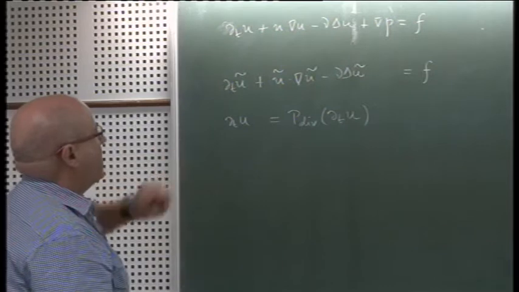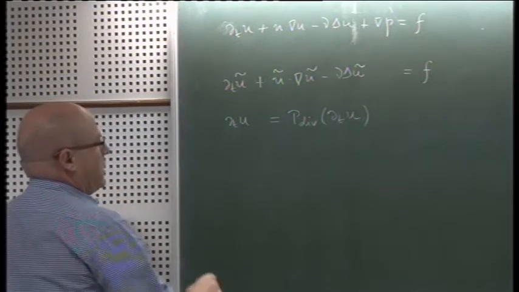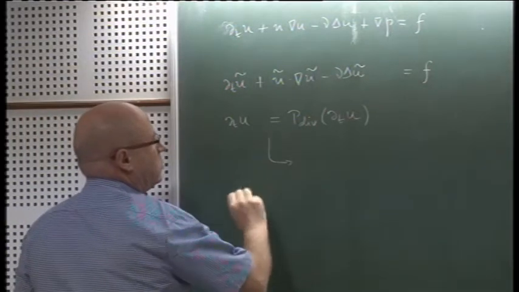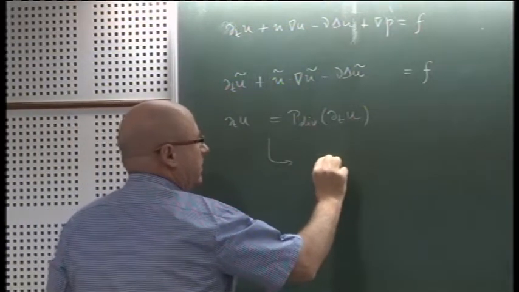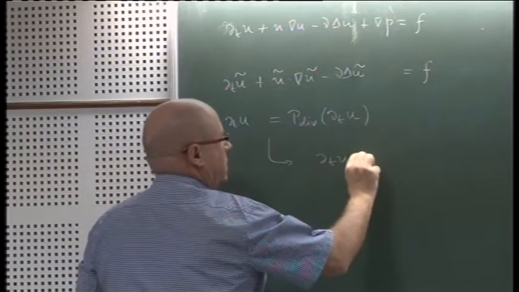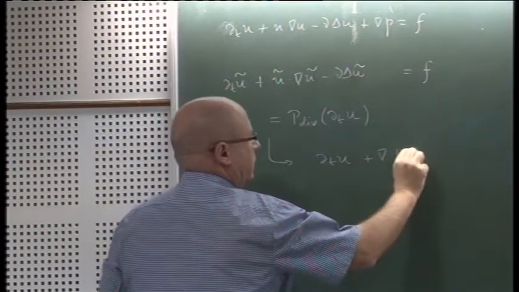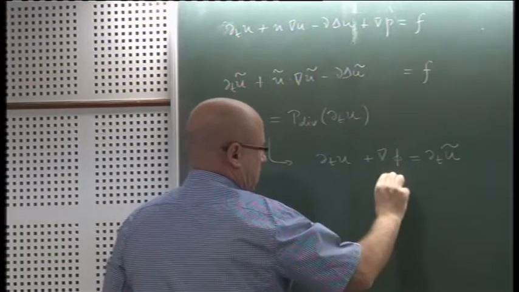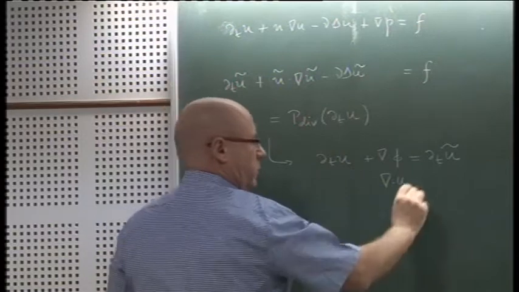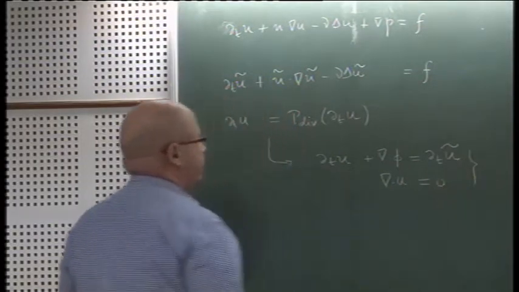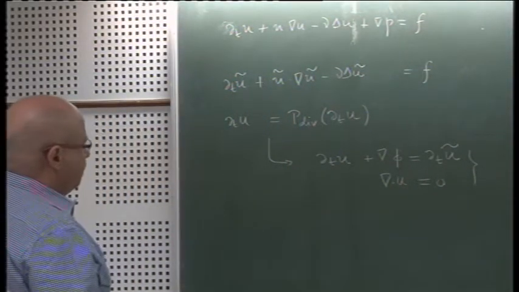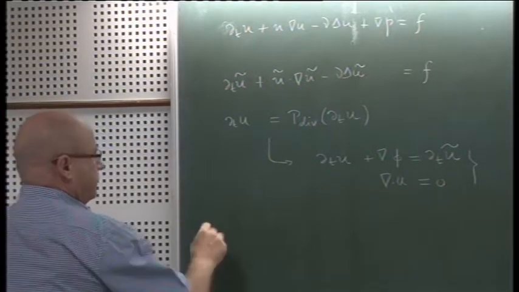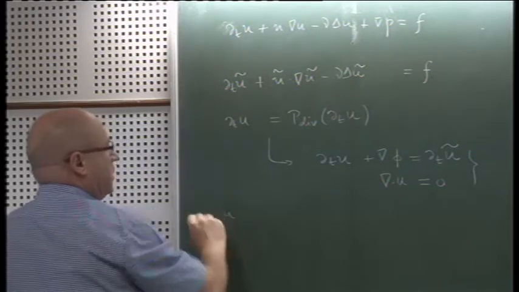And now that I have this, I have two options. Imagine we use, and that is equivalent to say, by the way, that the temporal derivative of u plus the gradient of a certain function phi is the temporal derivative of u tilde, with the condition that the divergence of u is equal to 0. That's what I have said. Good. So now we would have two options. One option would be to discretize this in time.